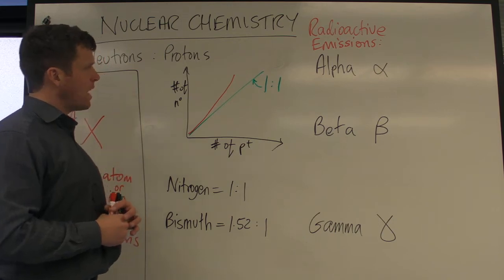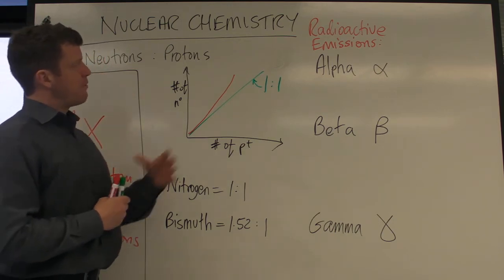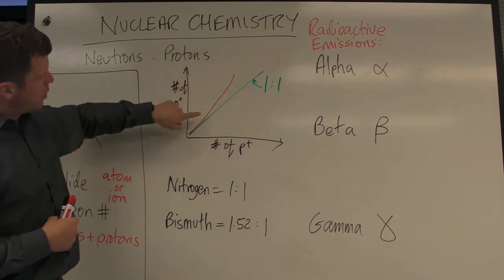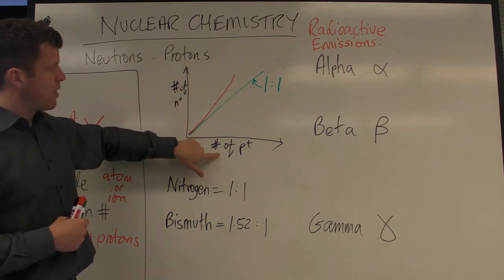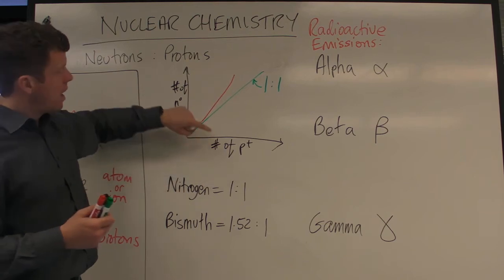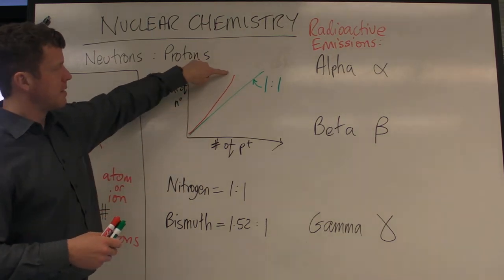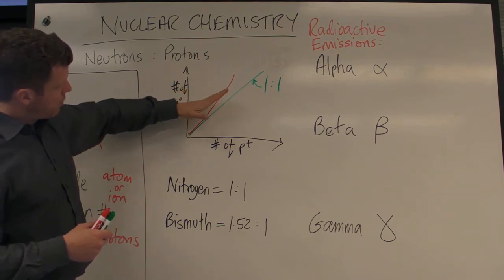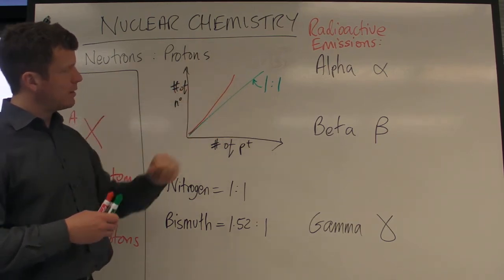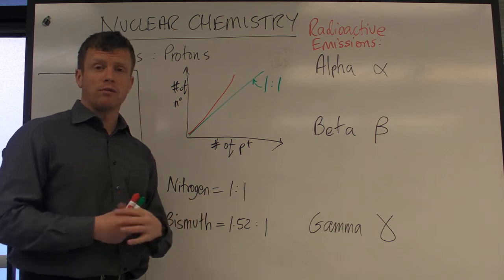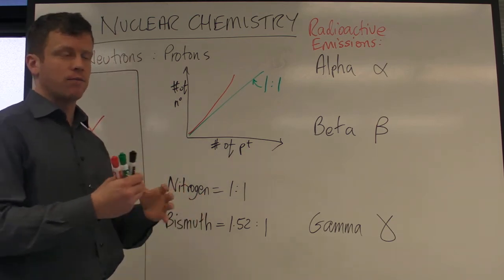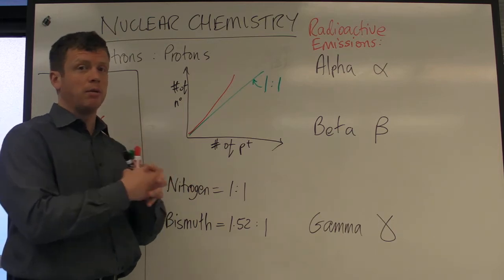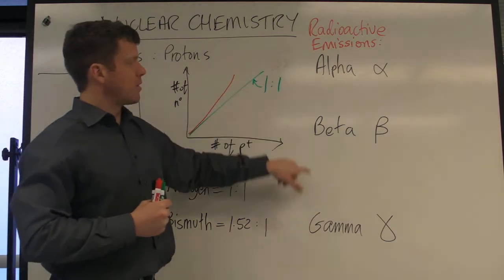So the phrase for this, on a graph such as this, where we plot neutrons against protons and we're looking at stability, we call this a band of stability. So anything that's above this or below it is unstable and therefore radioactive because it decays. So the nucleus isn't stable, so it breaks into a more stable arrangement, and that's what these three things are.